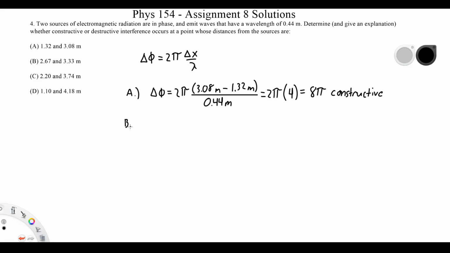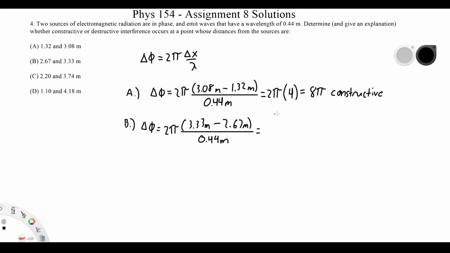For part B, we're going to do the exact same thing. The only difference is the values we're plugging in for delta x. So delta phi in this case is 2 pi times 3.33 meters minus 2.67 divided by that same 0.44.